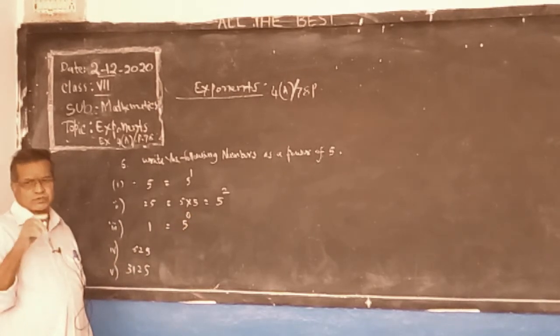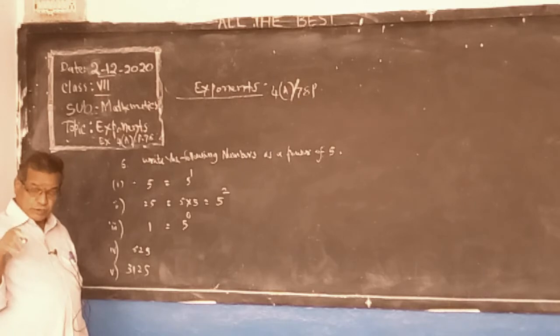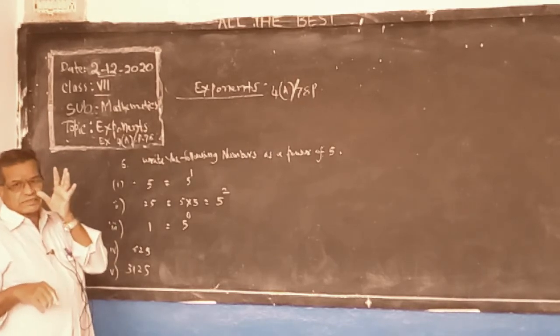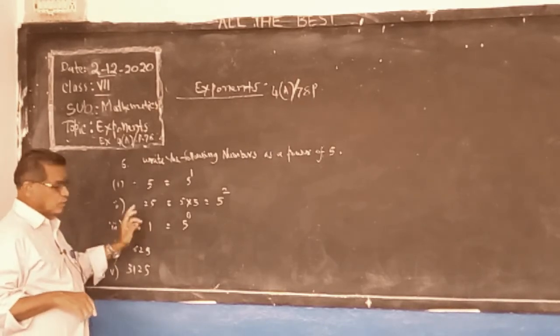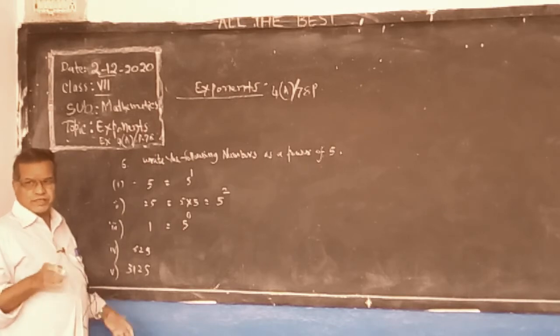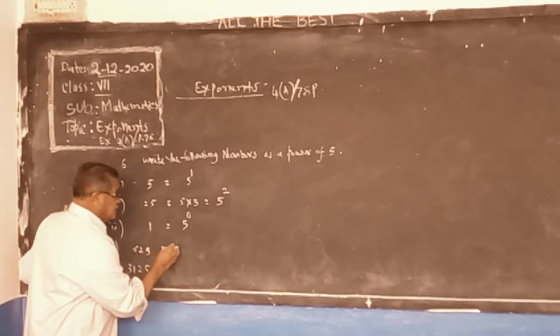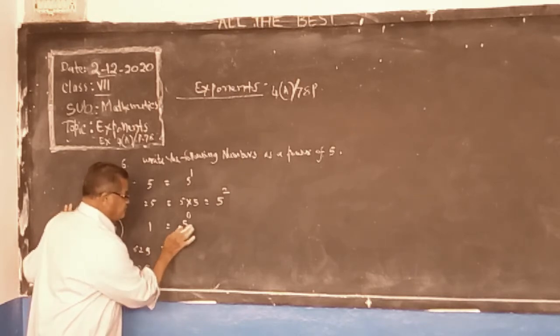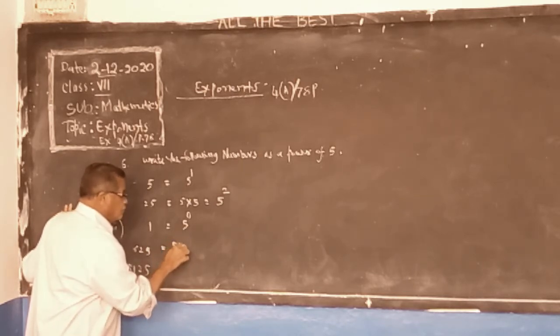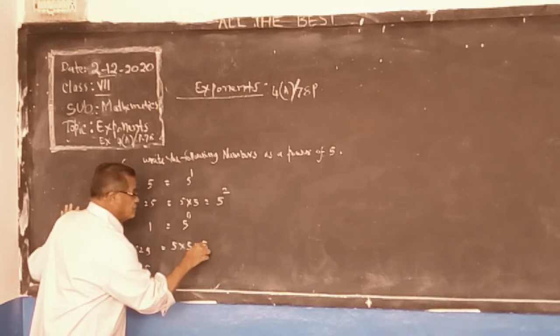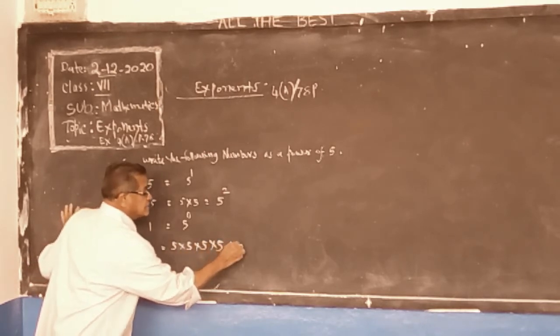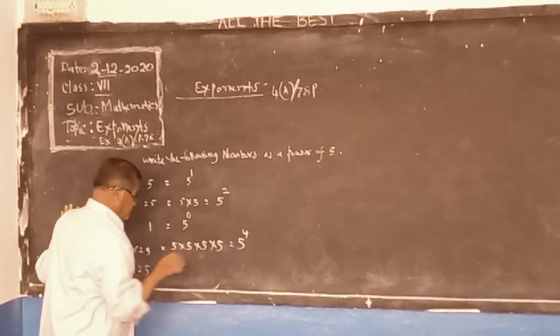10 power 0 also 1. 1000 power 0 also 1. For any base, if the power is 0, its value is 1. Remember, important. This is 625. 4 times, 5 times, 4 times, you get 5 into 5 into 5 into 5. This is 5 power 4.